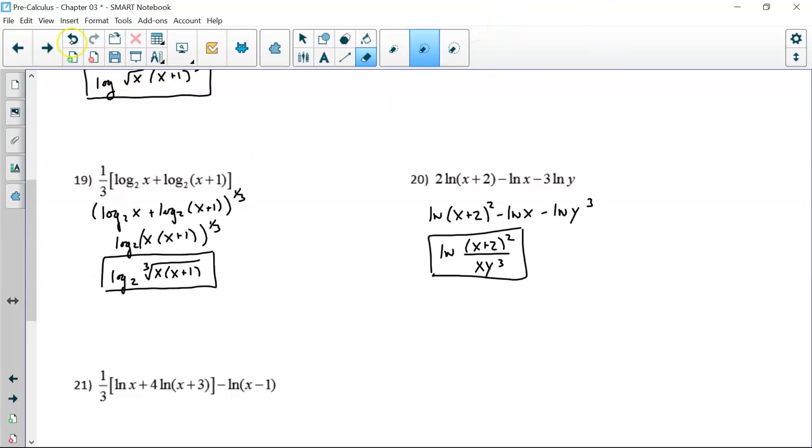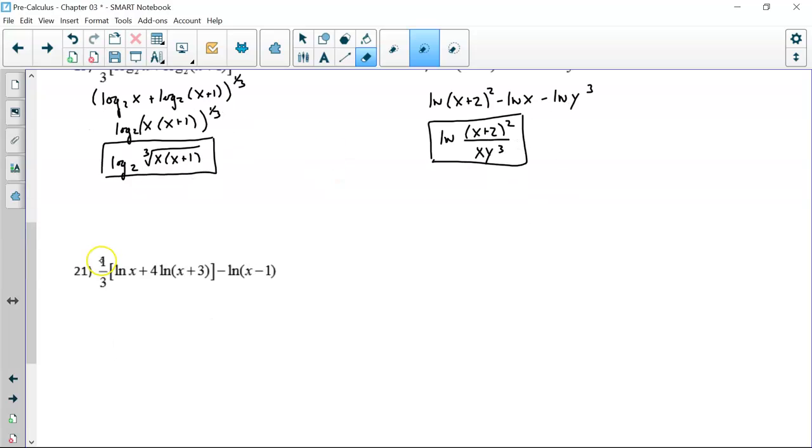And now number 21. See that 1/3, it's going to be our coefficient. So now, while I'm doing this, I'm going to condense on the inside. Natural log of x, actually, hold on, plus the natural log of x plus 3 to the 4th power, being raised to the 1/3, minus the natural log of x minus 1.